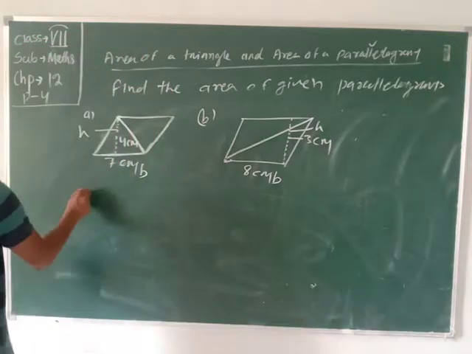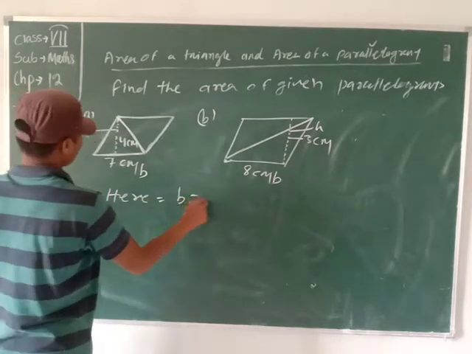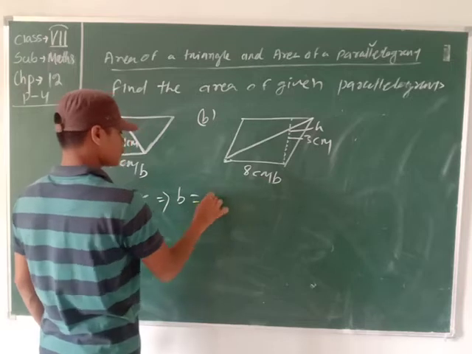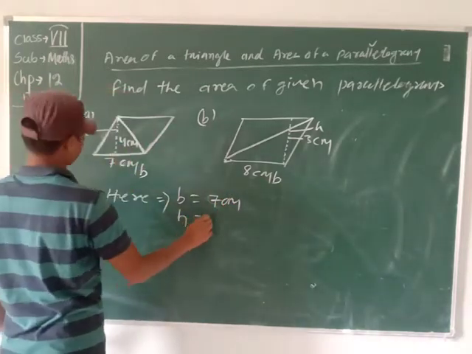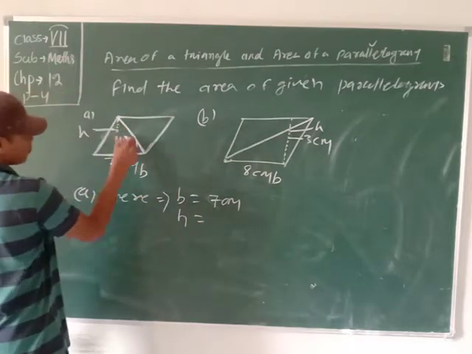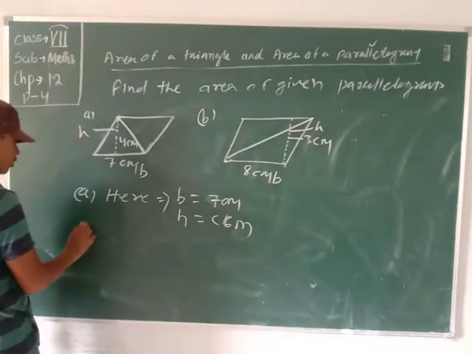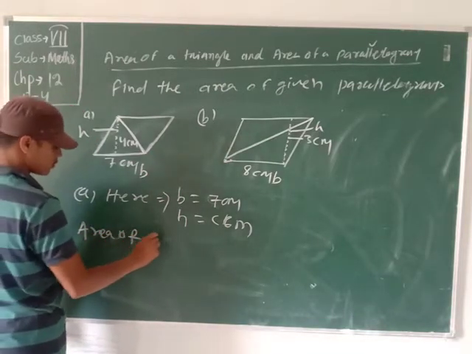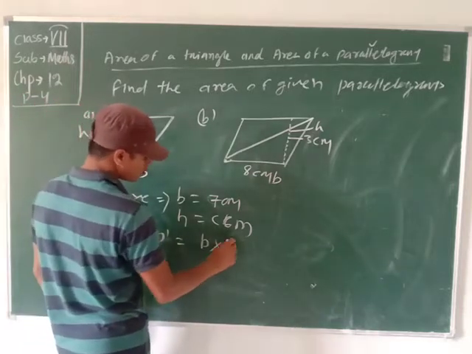Then in A, here b equal to 7 centimeter. Write here 7 centimeter. Now h equal to 4 centimeter. Then area of parallelogram equal to base into height.